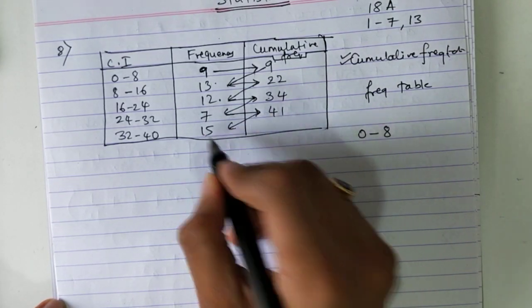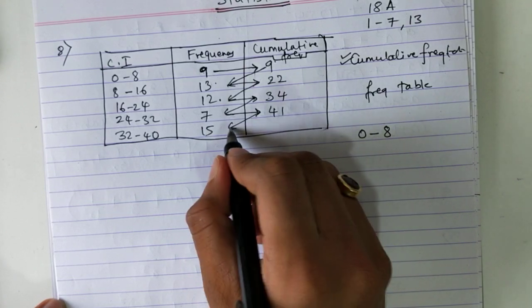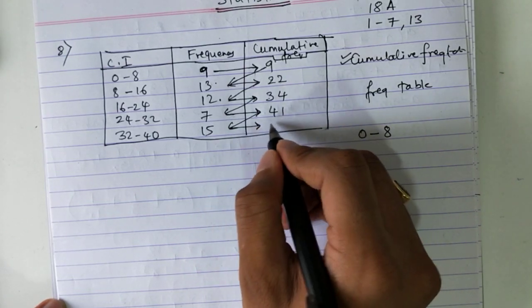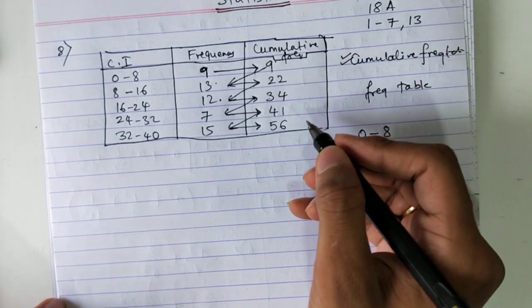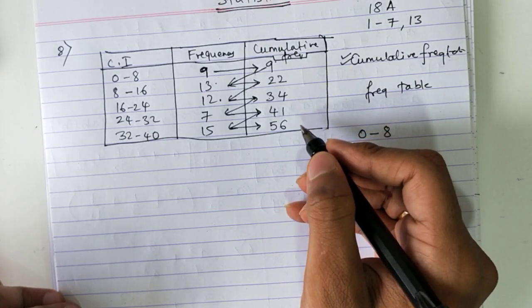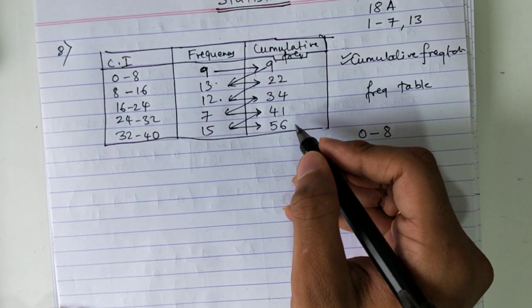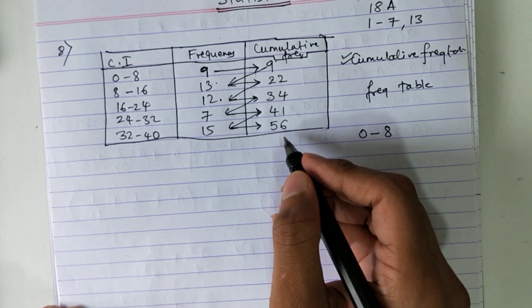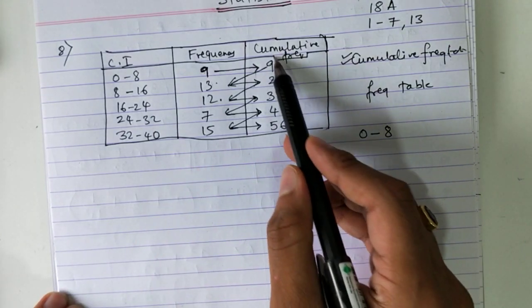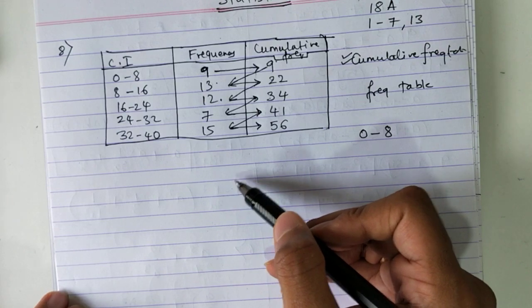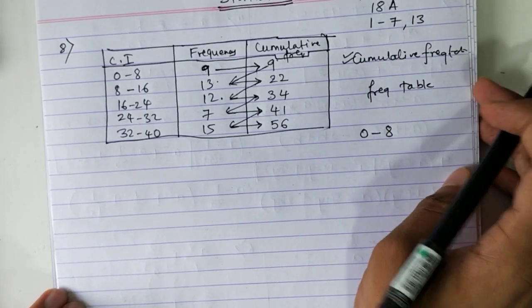Then 41 plus 15 gives 56. I hope you have understood how to find the cumulative frequency table. These are the answers.